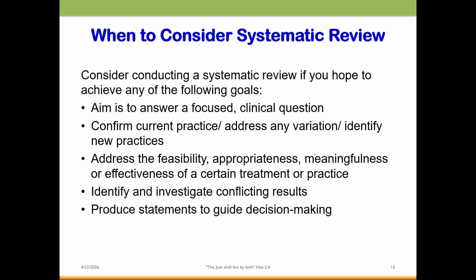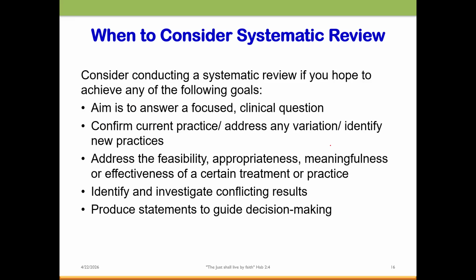And then, when to consider carrying out a systematic review, like I've already said: when the aim is to answer a focused or clinical question, to confirm current practice, address any variation, and identify new practices, address the feasibility, appropriateness, and meaningfulness, or effectiveness of a certain treatment or practice. And when you want to identify and investigate conflicting results.